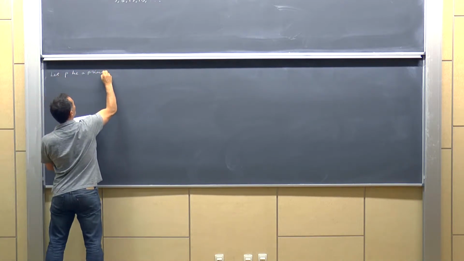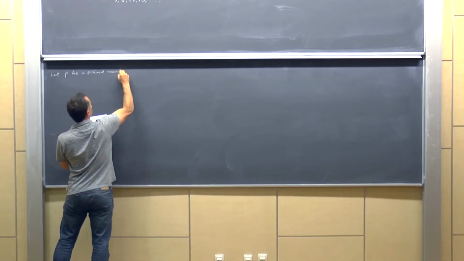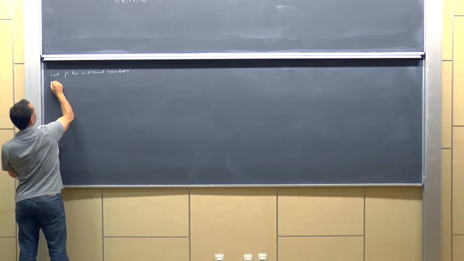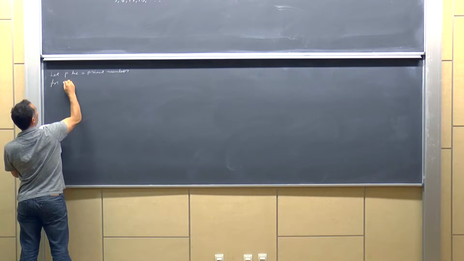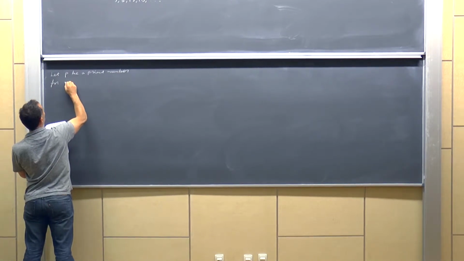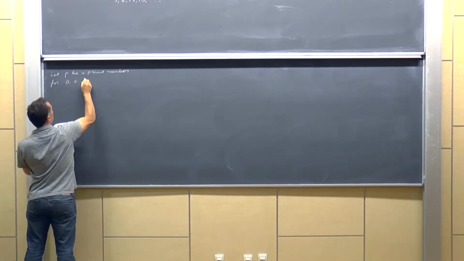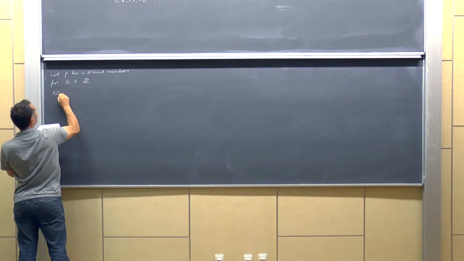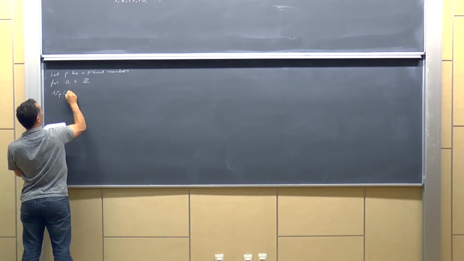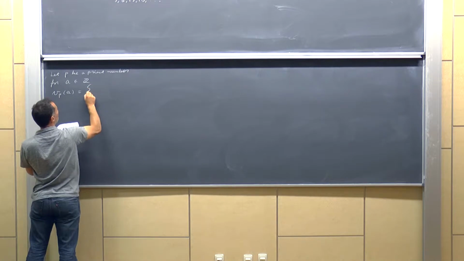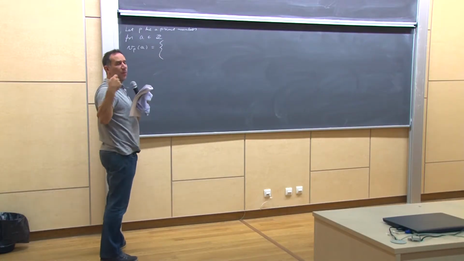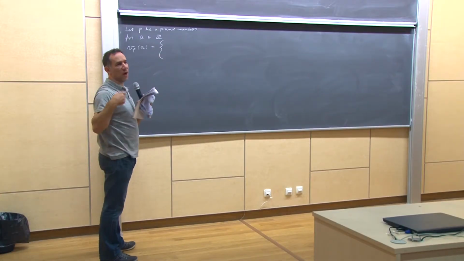And we define, for a in Z, v_p of a is the highest power of p that divides a.